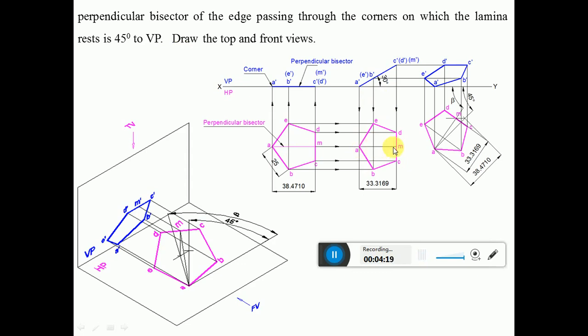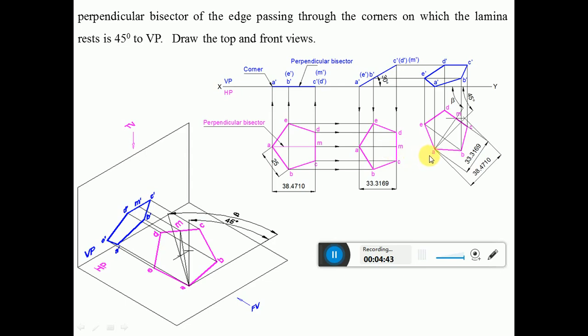But the inclination given is the true inclination. So first we have to find out the beta inclination. That is because we cannot reproduce this sketch directly in the 45 degree line, since we have the apparent length here, but the inclination given is the true inclination.